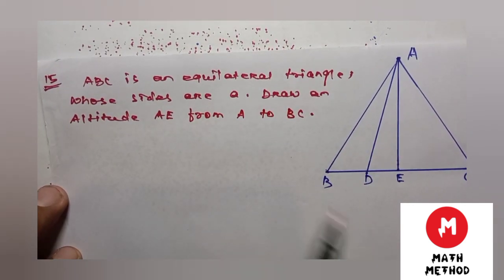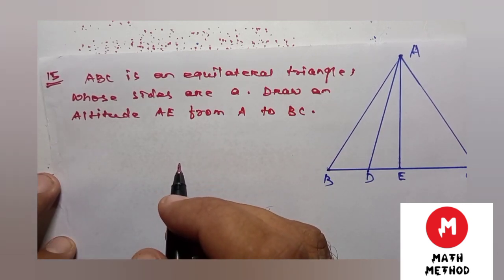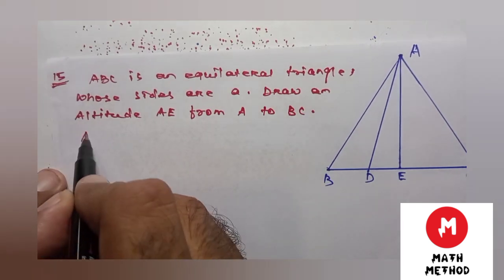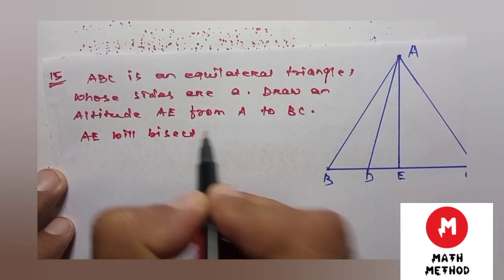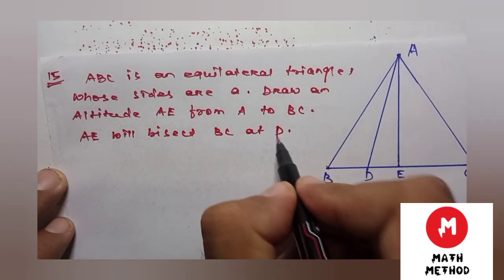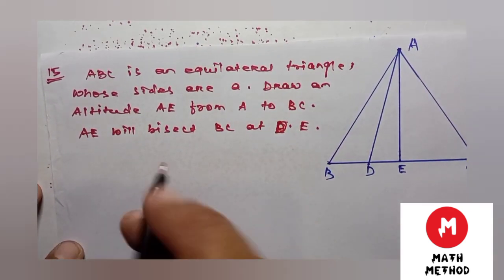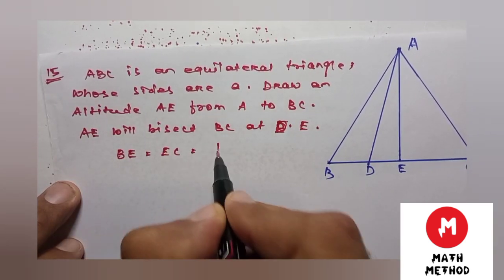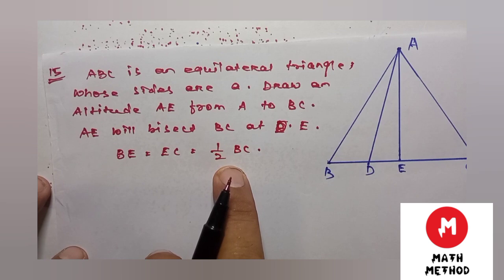Clear? It is also given that BD is equal to 1/3 of BC. Now as AE is an altitude, it bisects the opposite side, so AE will bisect BC at E. Therefore BE is equal to EC, which is equal to half of BC, because E bisects BC.